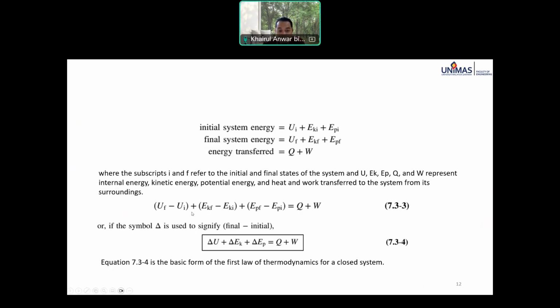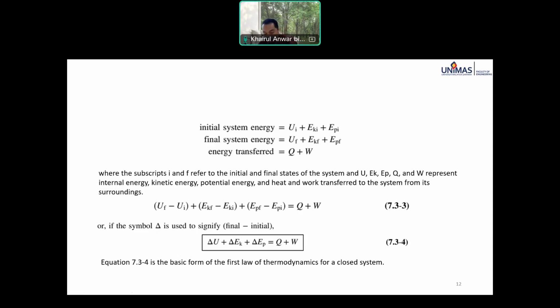Then since this is the difference between final and initial, we use the delta symbol. So delta U plus delta EK plus delta EP equal to Q plus W, 7.3-4. This is the basic form of the first law of thermodynamics for a closed system.